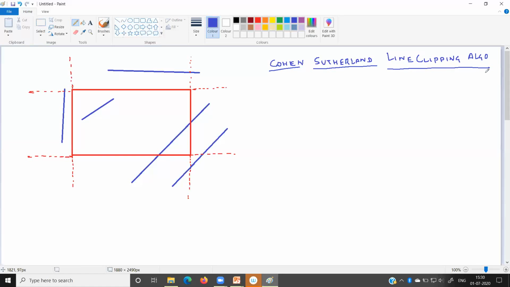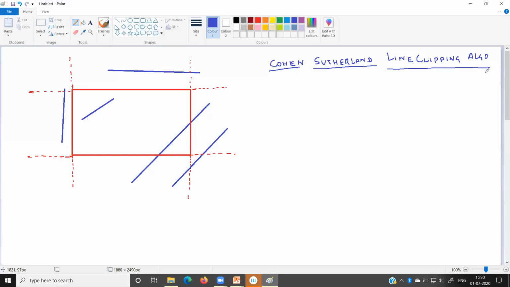That means it will identify those line segments which are not present in or intersected with the clip window, and those line segments which are totally outside of the clip window will be discarded.